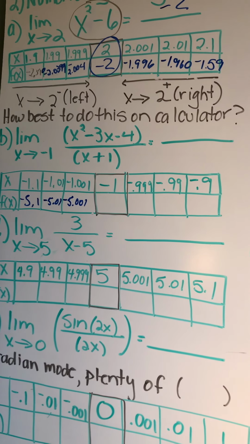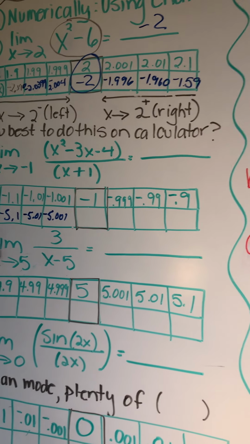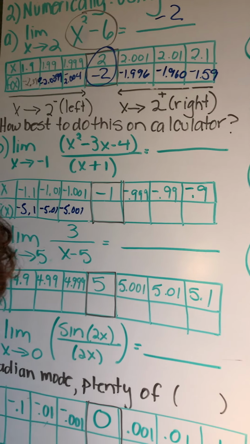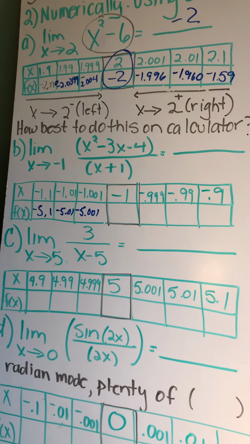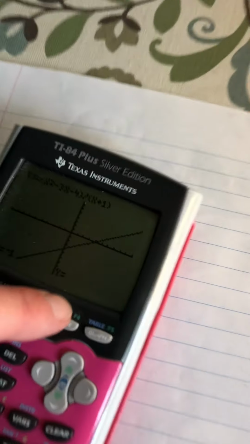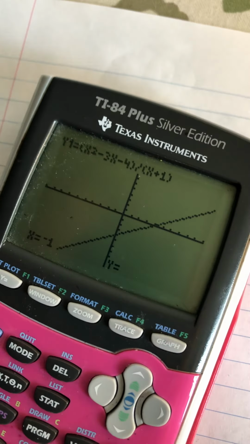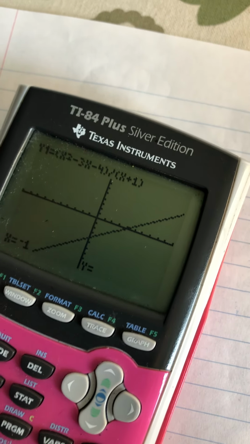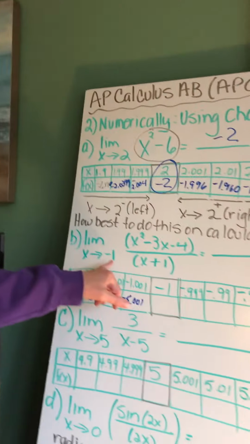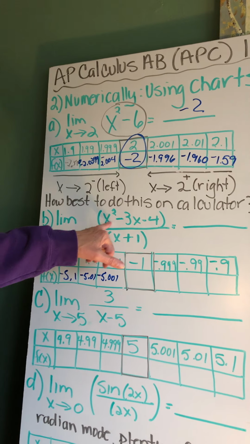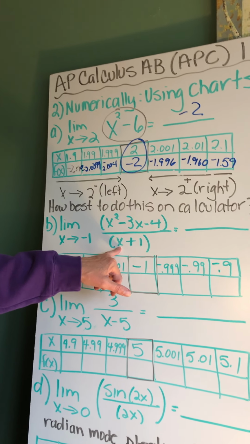Let's put in the -1 so we don't have to do extra work. Oh, it doesn't give me a y value. There's no y value there for -1. Why does this make sense? Let's take a look at the function up here.